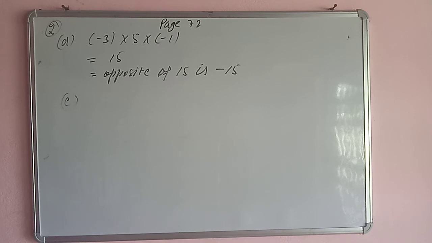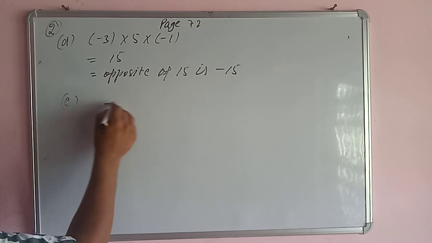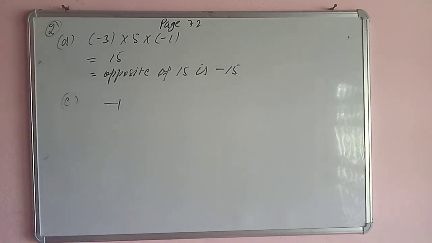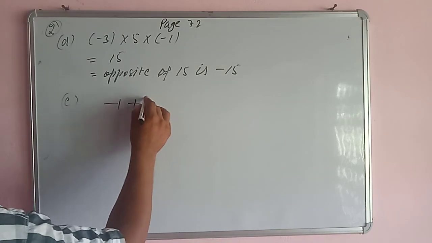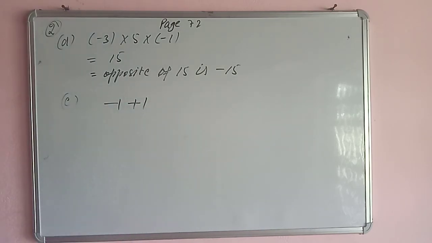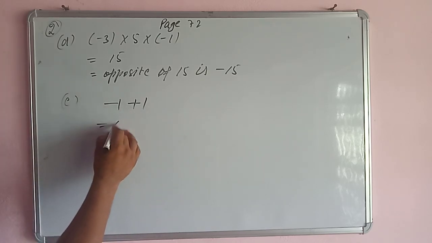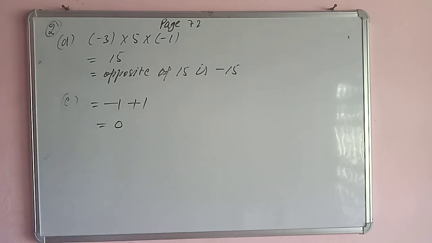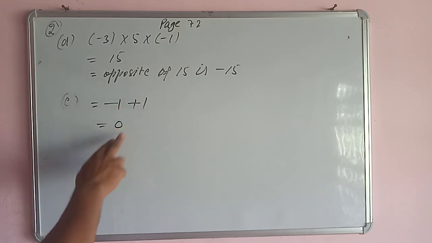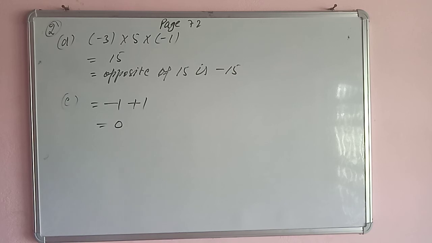Which is the greatest negative integer? That is minus 1. And which is the smallest positive integer? That is plus 1. Now what is the sum? Minus 1 plus 1 is equal to 0. So the sum of the greatest negative integer and the smallest positive integer is 0.